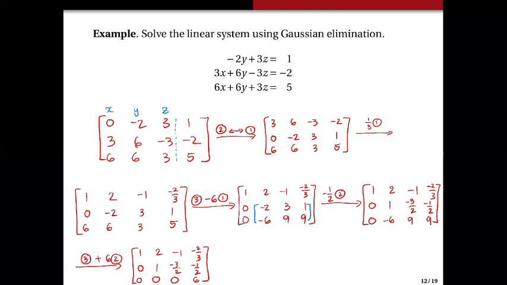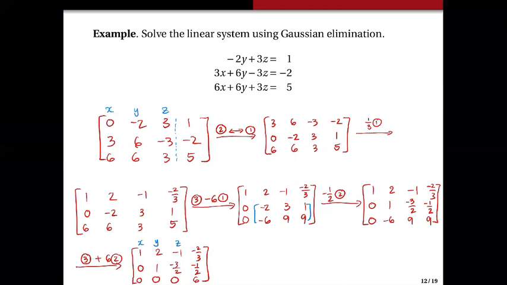Now look at this matrix. Remember, first column is still for the variable x, second column is for y, third column is for z. This guy here, it's your constant column.